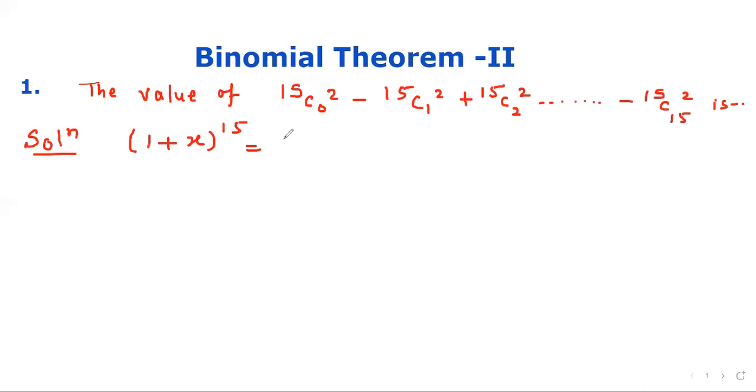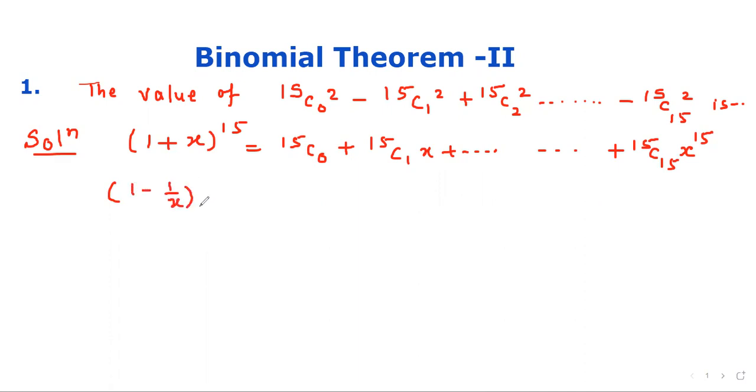From here we get 15C0 plus 15C1x plus ... plus 15C15 x power 15. Now we write (1 minus 1 upon x) power 15.